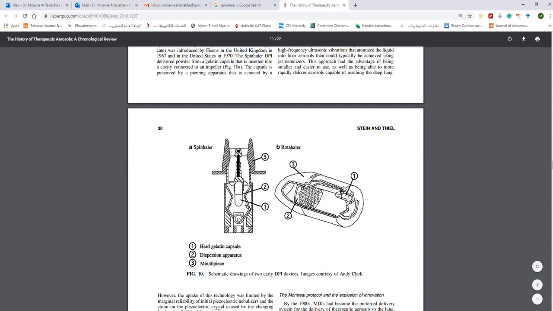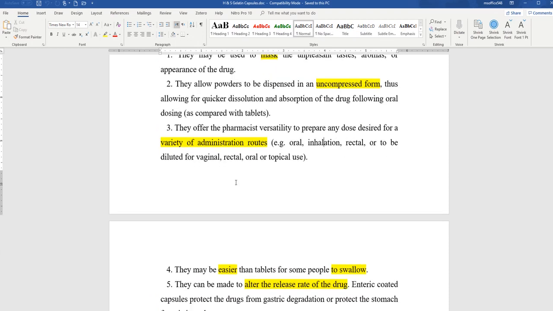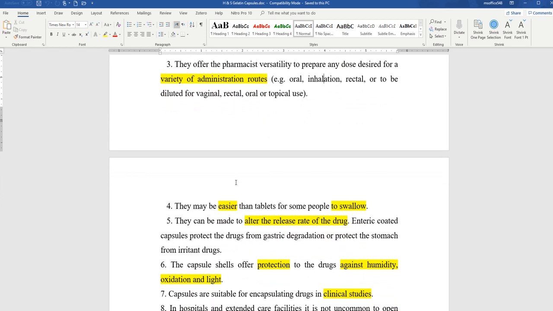This is the rotahaler, and this is the capsule. Also, this is the spinhaler, which I already showed you before. This is the capsule. So what I mean to say is that you can use capsules for administering in different routes.